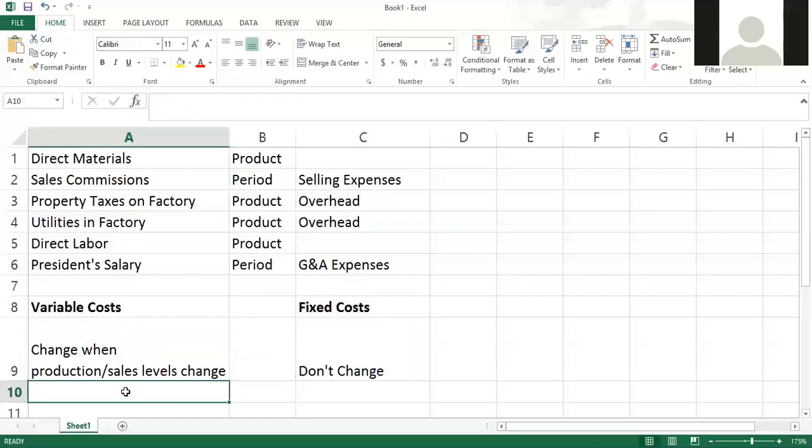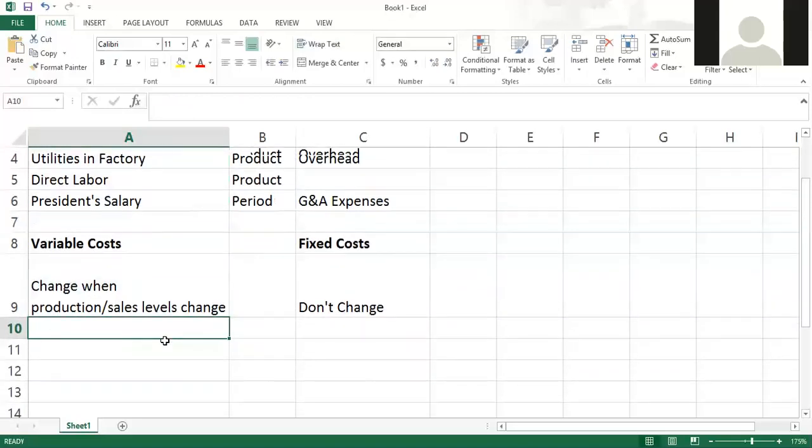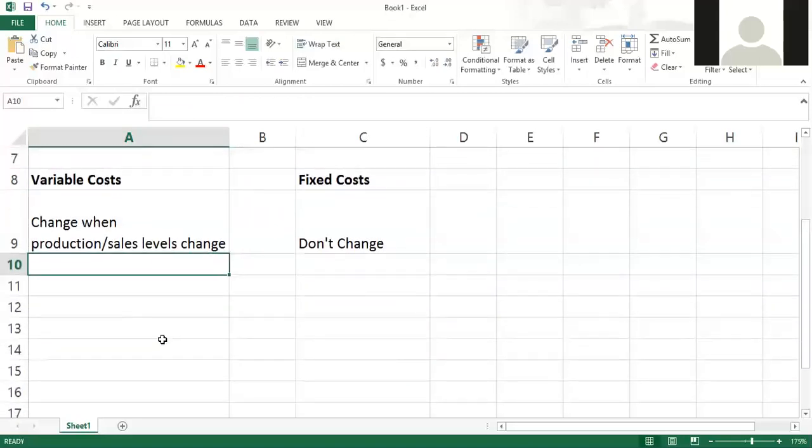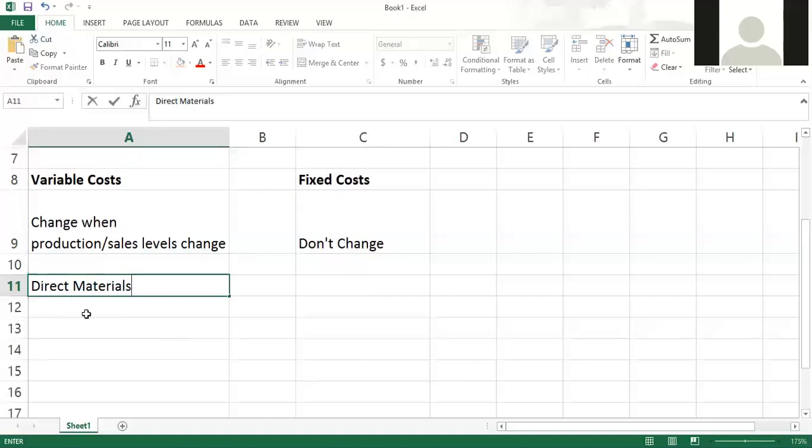Are they correlated? If you remember statistics classes and all those correlations. So let's take a look at a few examples of things that would fit in each category. Direct materials is definitely a variable cost. The more products you make, the more you're going to spend on direct materials.